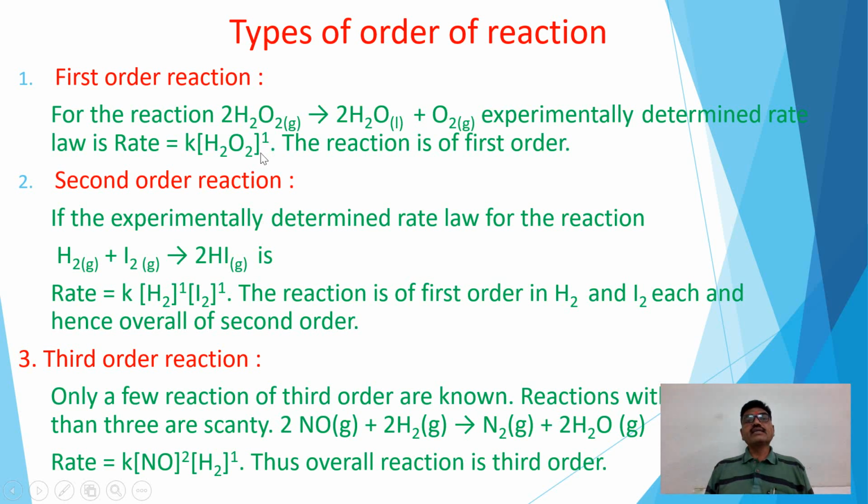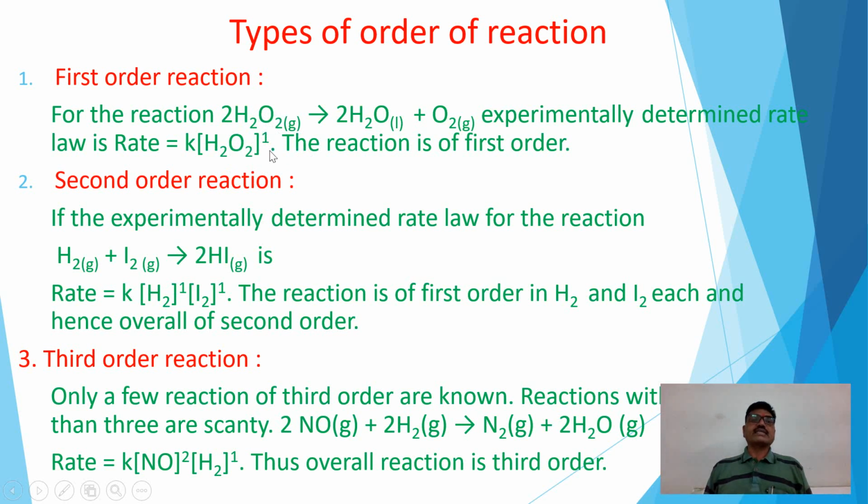So mind well again, this is the experimentally determined thing. By performing a number of experiments, the rate law expression is put forth, and from that expression one should know the order of reaction. So what is the order of reaction? The rate of this reaction depends on the concentration of this reactant.